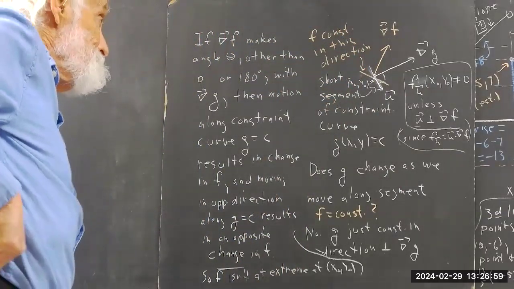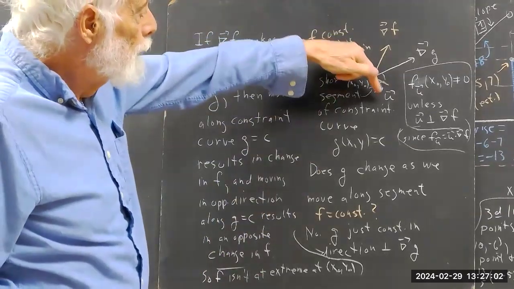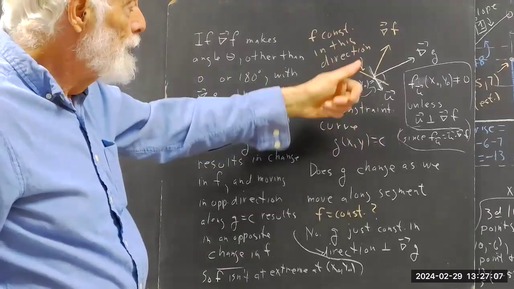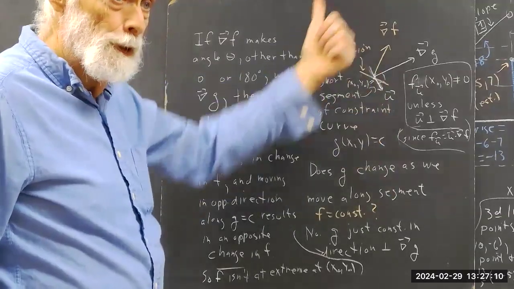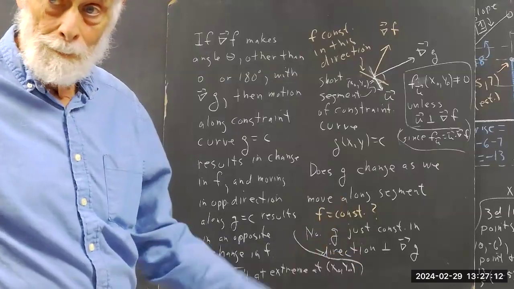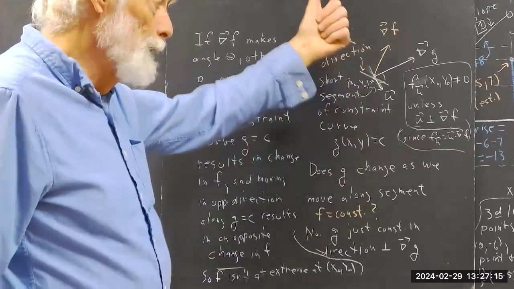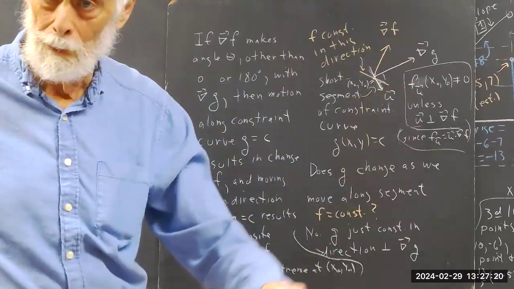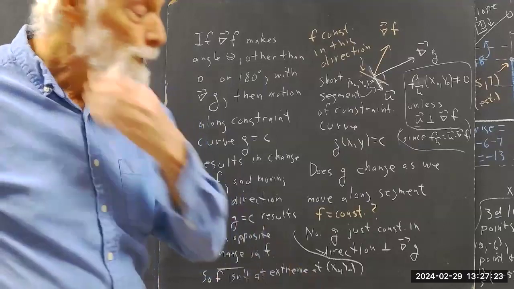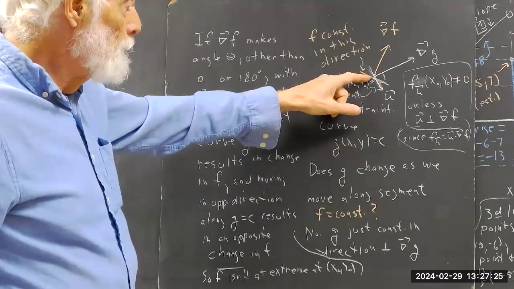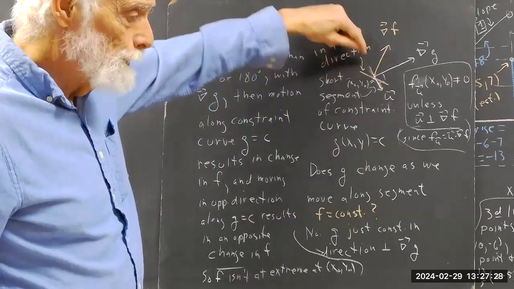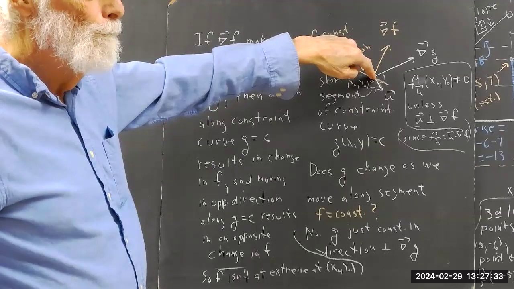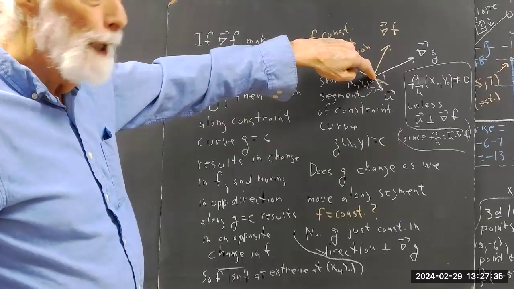It follows then that whichever way you move along this curve, f is going to change. If you move this way, f might increase, so if you move that way, f would have to decrease. Or if f decreases this way, it's going to increase that way. Remember, these are short segments of continuously differentiable functions, right? So if f is changing at this point as you move in this direction, the point can't be a point where the value of f is maximized on the curve.